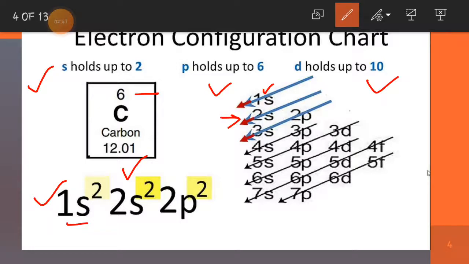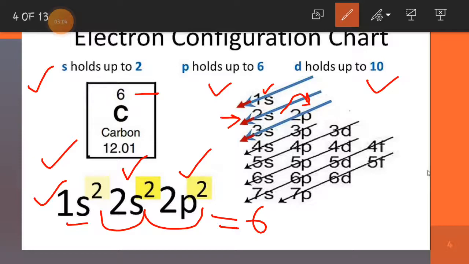Then we move forward to the 2p, and this 2p will also contain 2 electrons. If you count the total number of electrons, 2 plus 2 plus 2 equals 6. So this is the electronic configuration for the carbon atom, 1s2, 2s2, 2p2.